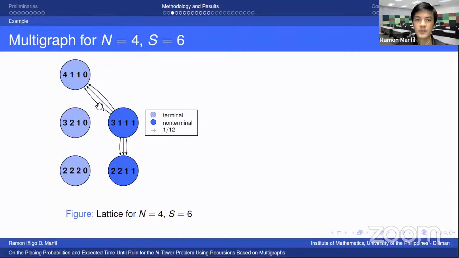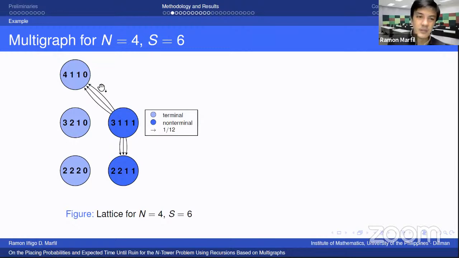So there are 3 possible ways of doing that from this state to this state. Okay? Or wait, dito pala yan, dito yan. 3111, dito papunta, 4110, dahil kapag nanalo yung first player, mauubos niya yung wealth ng either player 1, player 2, player 3 or player 4. So yun yung magiging yung player na may 0 wealth, yun na yung 0 dito.